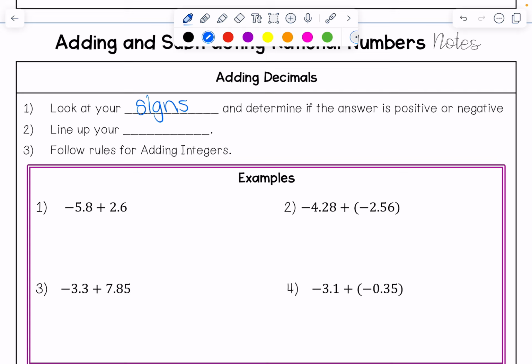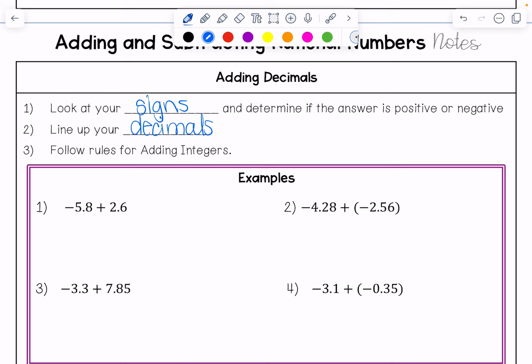After we look at our signs and determine if our answer is positive or negative, then when we actually do the next step to solving the problem, the other thing that's going to be important is we need to make sure that our decimals are lined up. So we want to line up our decimals. And then we're going to follow those rules for adding integers.